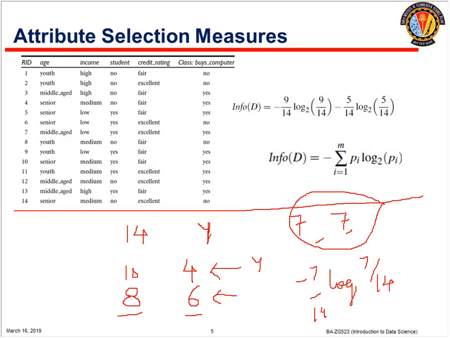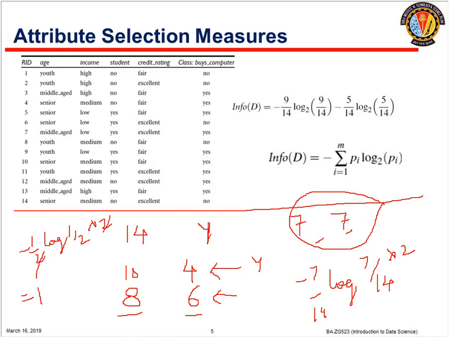So it is like minus half log half, minus half log half, into 2. These 2 cancel, and log half is 2 to the power minus 1, so that is 1, so that will become 1. That is the maximum entropy.